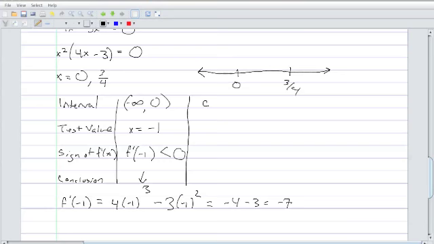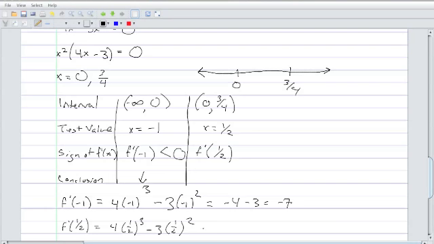Okay, so now if we look at the interval from 0 to 3 over 4, we can choose a test value of a half. So now if we look at the sign of f prime of a half, so this f prime of a half is going to be 4 times a half cubed minus 3 times a half squared.